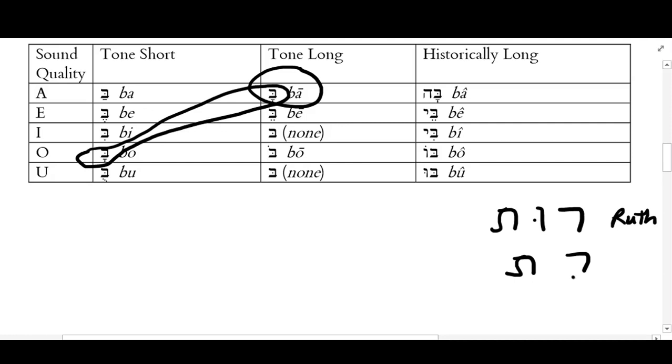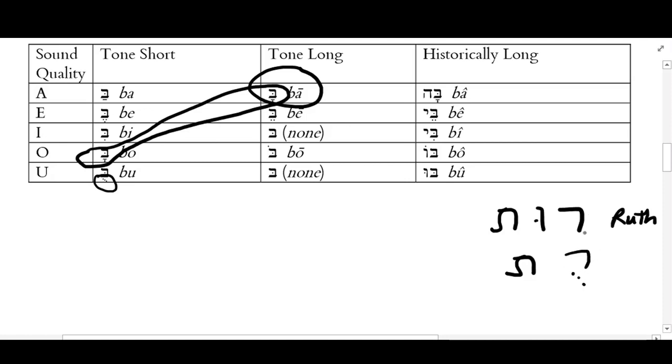What they did was they added kibbutz over there. And this represented the shuruk that was normally written, but in this case had to be spelled without the mater.